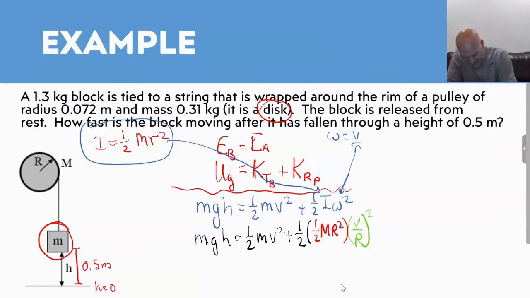So once I keep doing my algebra, this is going to be v squared over R squared. And that's going to be 1/2 big M R squared. That's 1/2 plus, and I'm kind of working backwards.